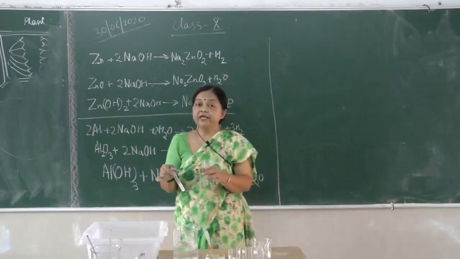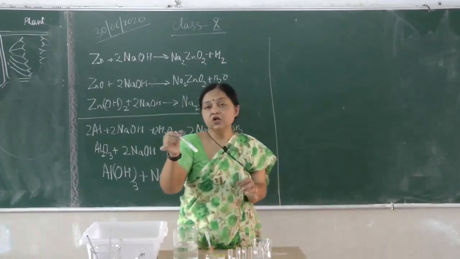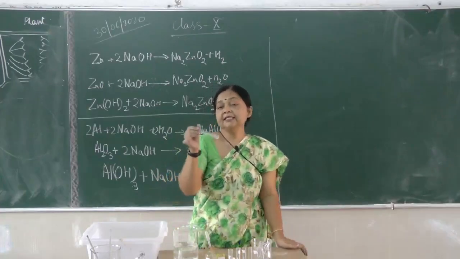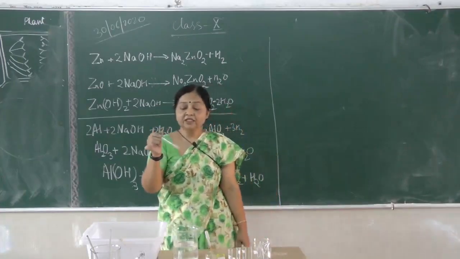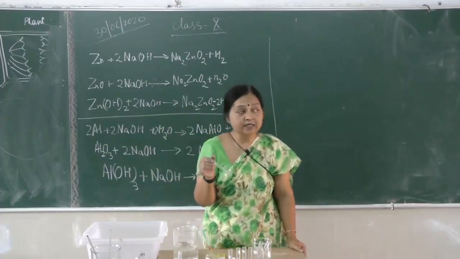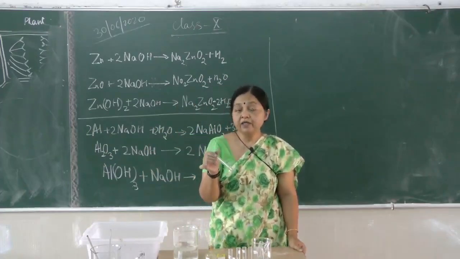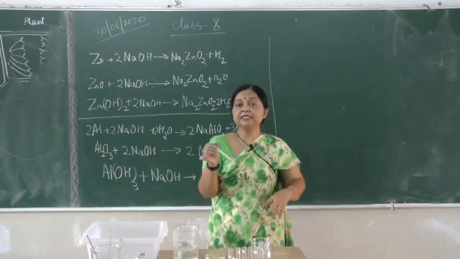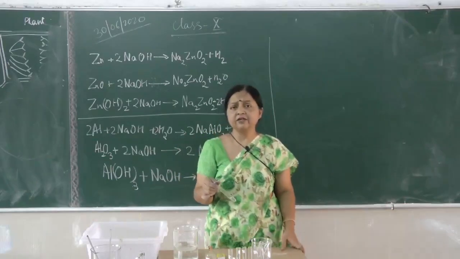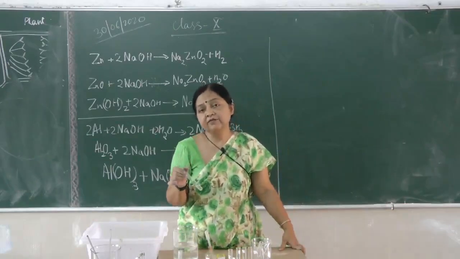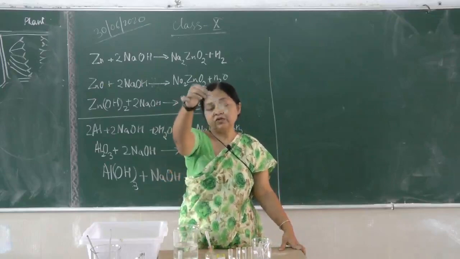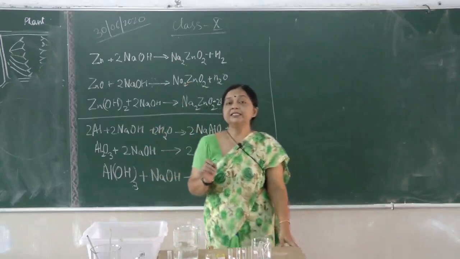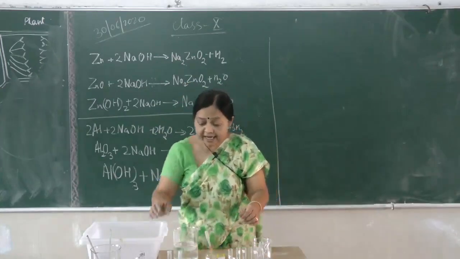With NH4OH, lead hydroxide is insoluble in excess of reagent, and with zinc, it is soluble. Why is it soluble? Zinc hydroxide forms a complex salt called tetraamine zinc. Since we have taken sulfate here, tetraamine zinc sulfate is formed, and that is a soluble salt. You can see that the solution has turned transparent. So that was the distinguishing test between lead and zinc.